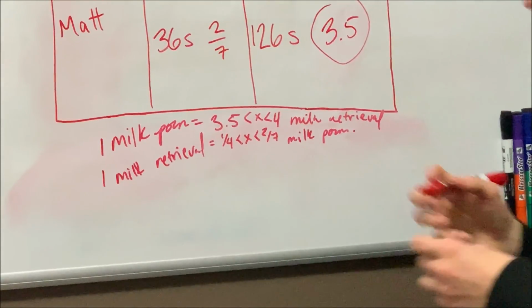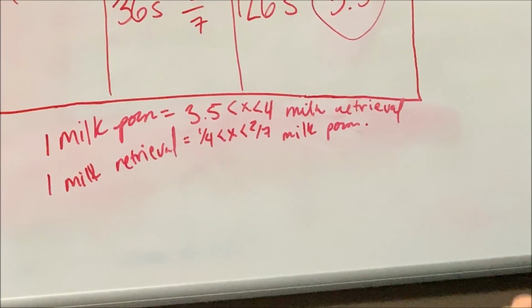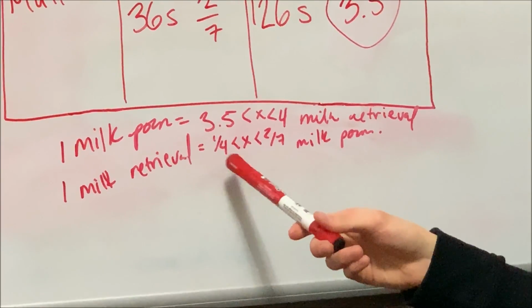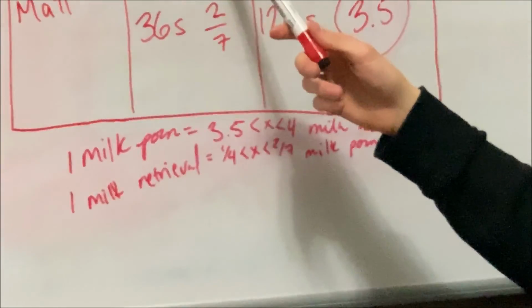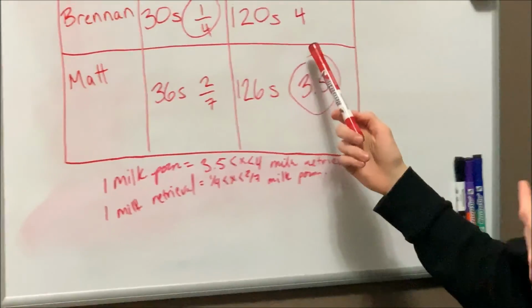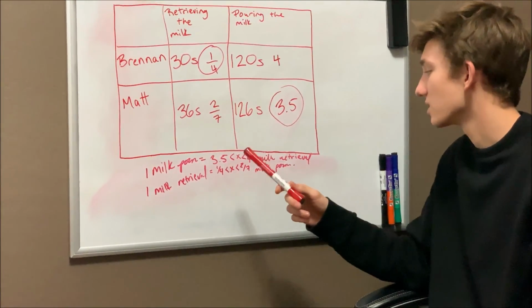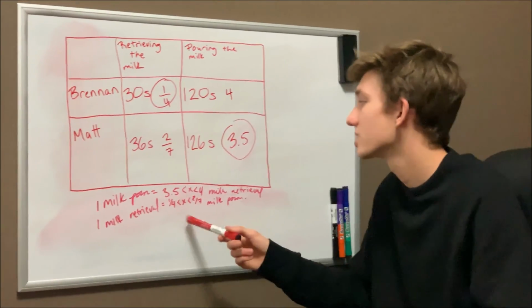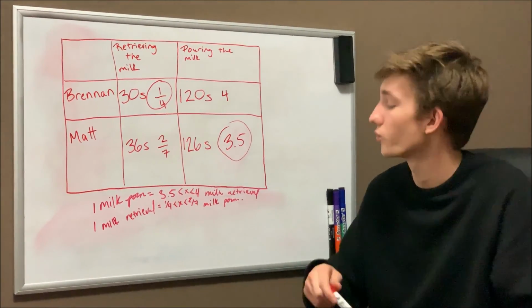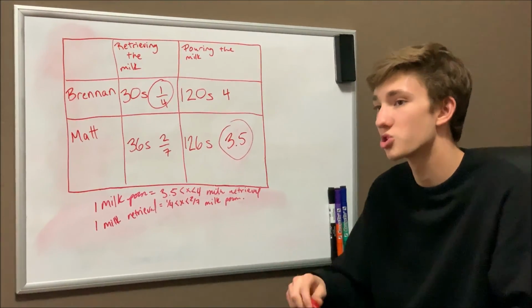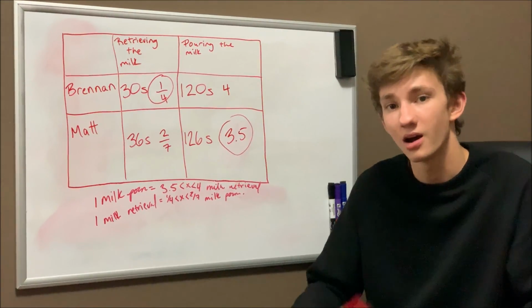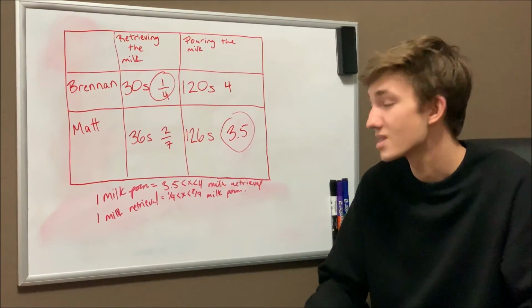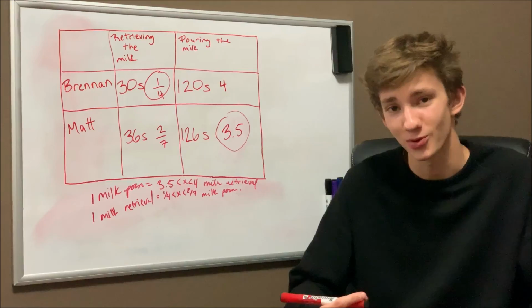And the same thing goes for this. If I give him anything less than 1/4 of a glass of milk, he might as well have just done it himself. Likewise, if I give him anything more than 2/7, I might as well be doing it myself. So if we abide by these rules, we should really be saving time in the long run. That is an input problem.